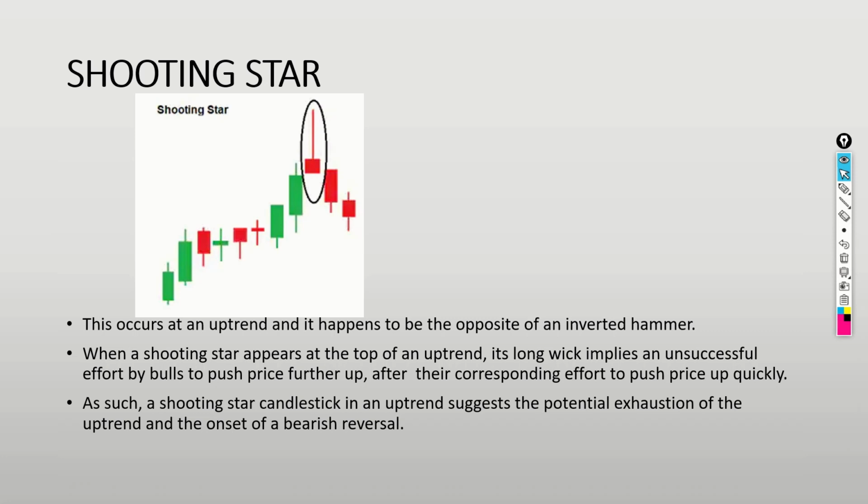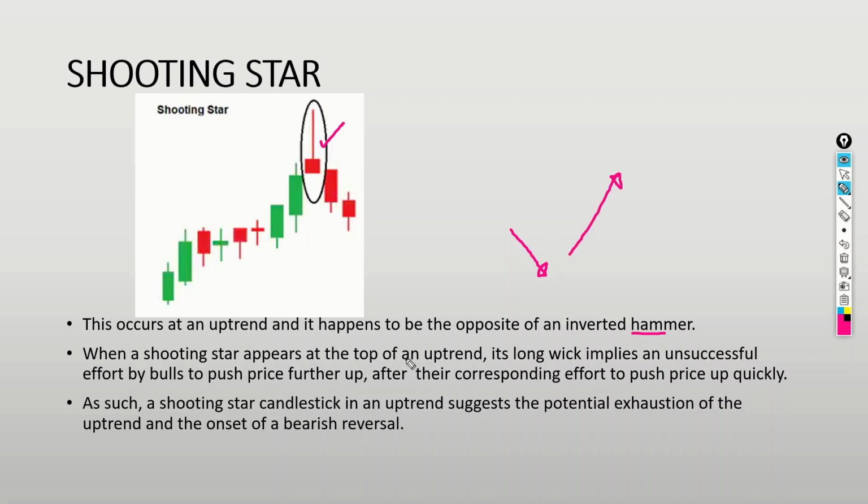So we are going to be looking at the shooting star pattern. The shooting star looks like this. It occurs in an uptrend, and it happens to be the opposite of the inverted hammer. We have said an inverted hammer occurs in a downtrend, while a shooting star occurs in an uptrend.